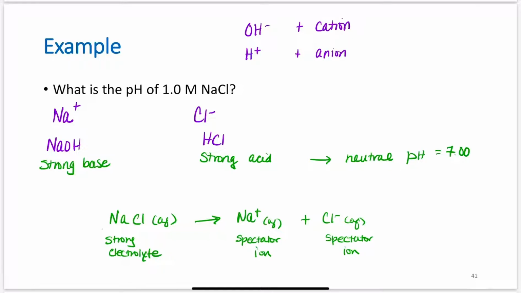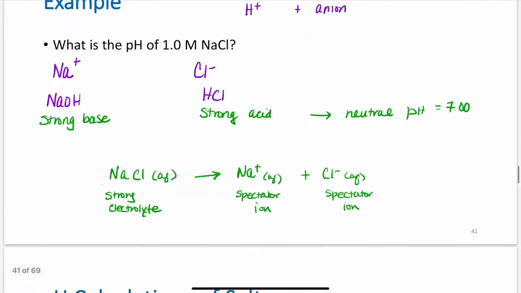The other trick to this is that in this question, now on homework you can't do this, but on assessments you could. I did not give you a Ka or Kb value because it doesn't have one. It went to completion. It's not forming equilibrium. The absence of a Ka or Kb value suggests to me that it is a strong electrolyte, that it is completely neutral, and it came from a strong acid and strong base.